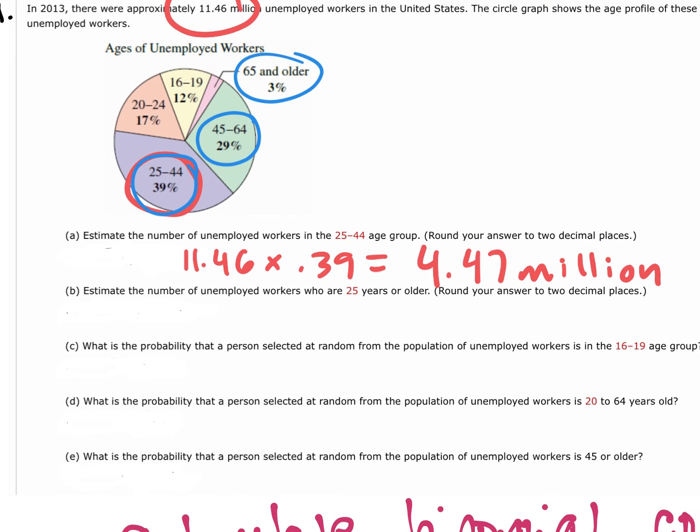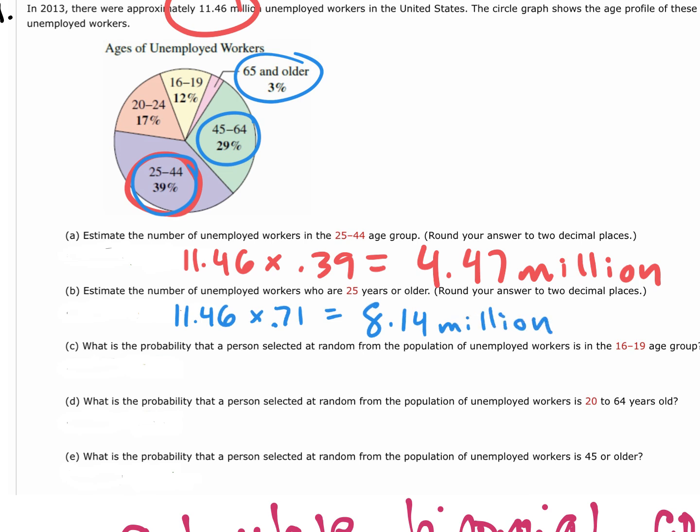So I have to multiply that times the 11.46, the total amount of people. So multiply it by 0.71. So 11.46 times 0.71. So that would be 8.14 million.